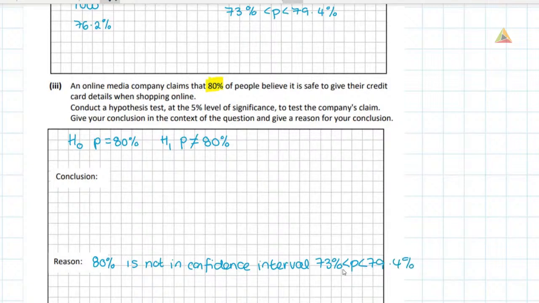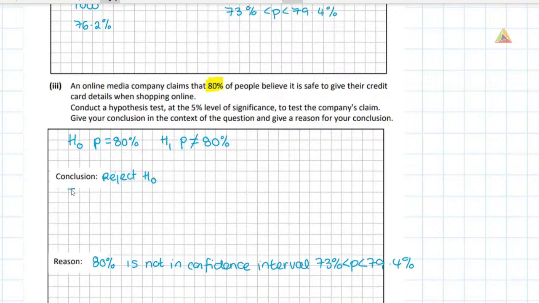So this confidence interval only goes up as far as 79.4%, and 80% is greater than this interval. So that means that 80% is not in there. So I'm going to reject the null hypothesis this time. So because it's outside that region, we're going to reject the null hypothesis, and that means that this 80% doesn't appear to be true. So we're going to give a conclusion in the context of this question.